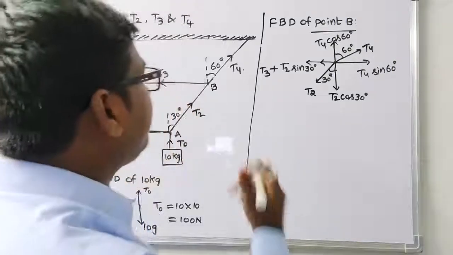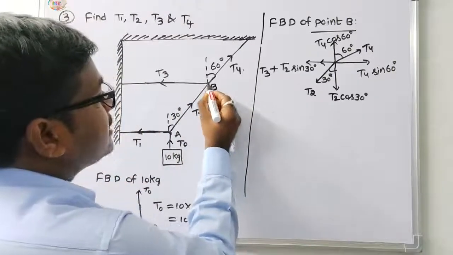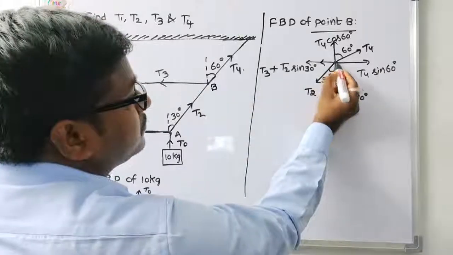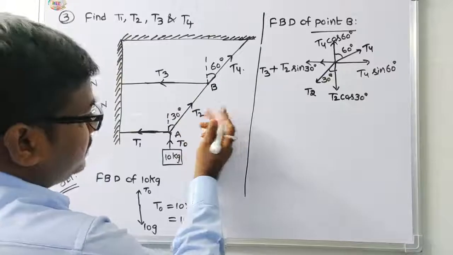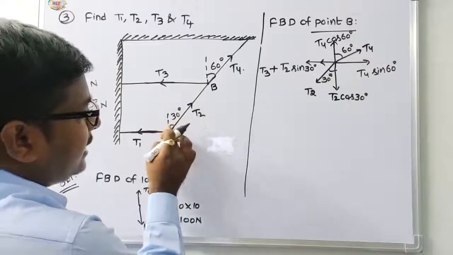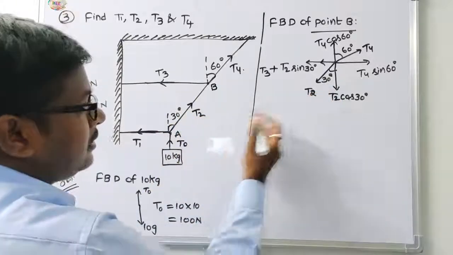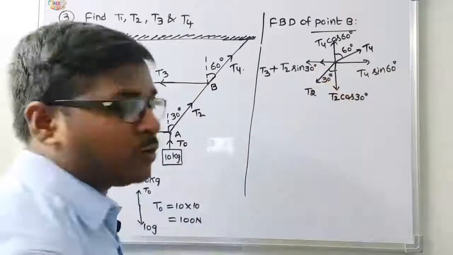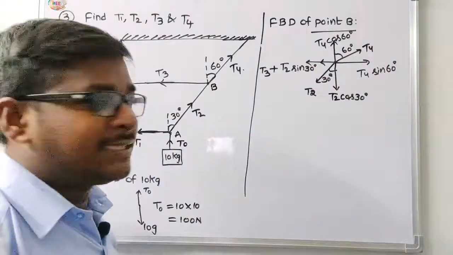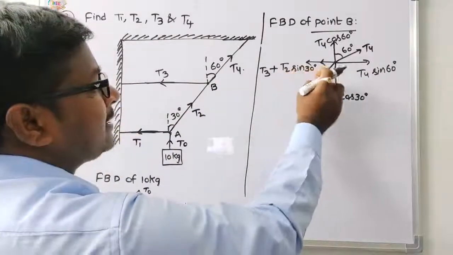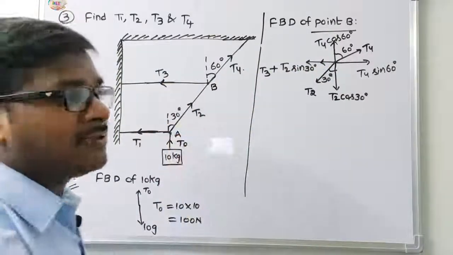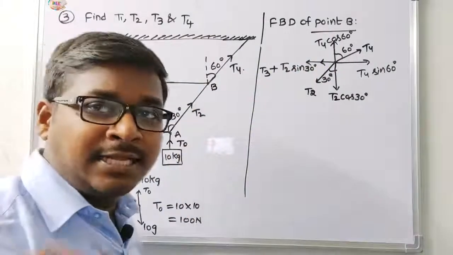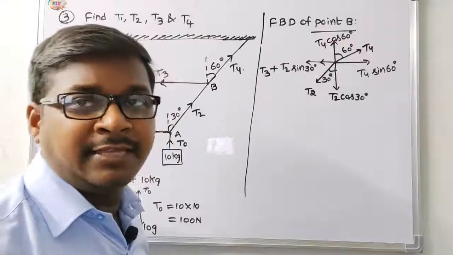Just listen once more. This is point B. T2 acts slightly downward, making an angle of 30 degrees, and is resolved into two components, T2 cos 30 and T2 sin 30. T2 sin 30 acts in this direction, where the tensile force T3 is also acting.